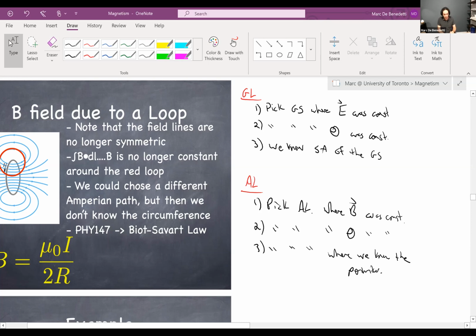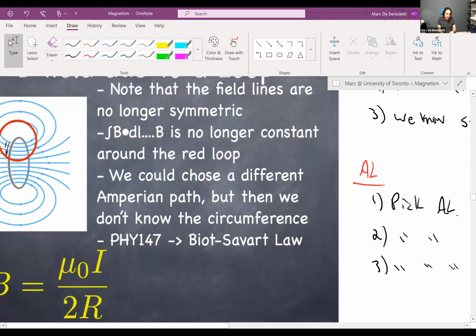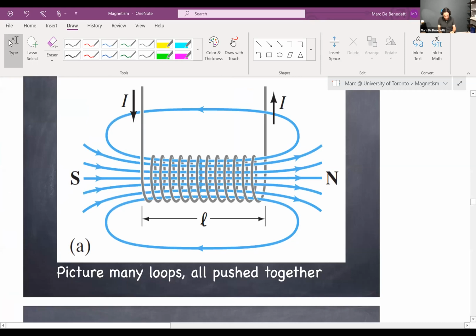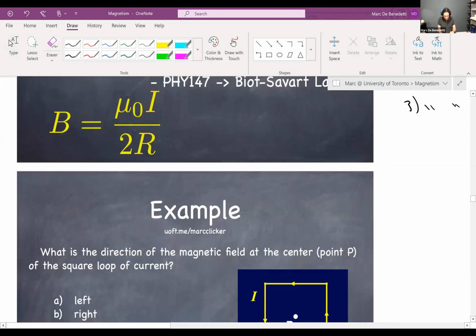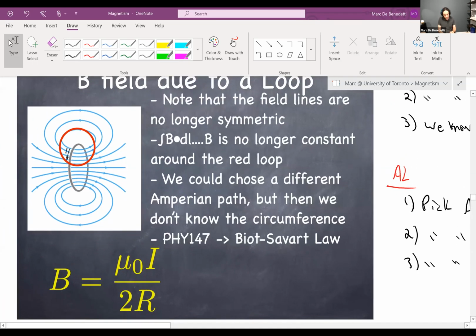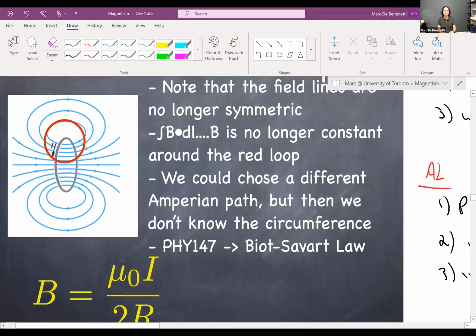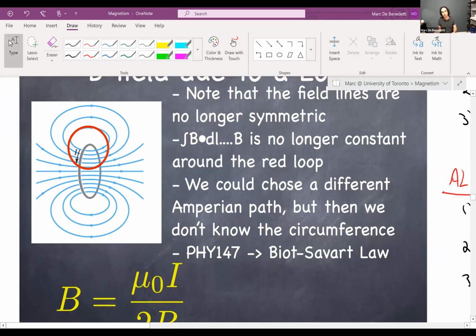Here's what I mean by that. We've already talked about the magnetic field due to a current loop, one single current loop.